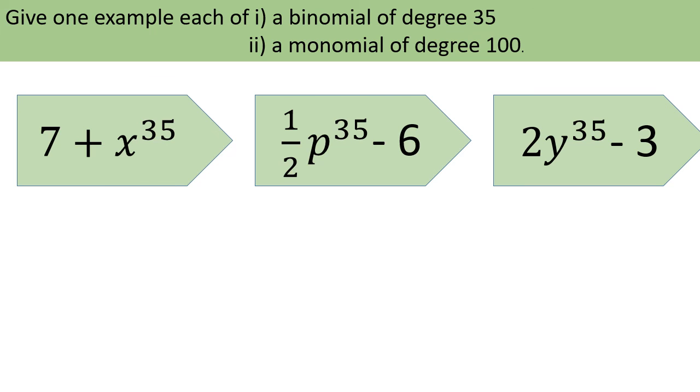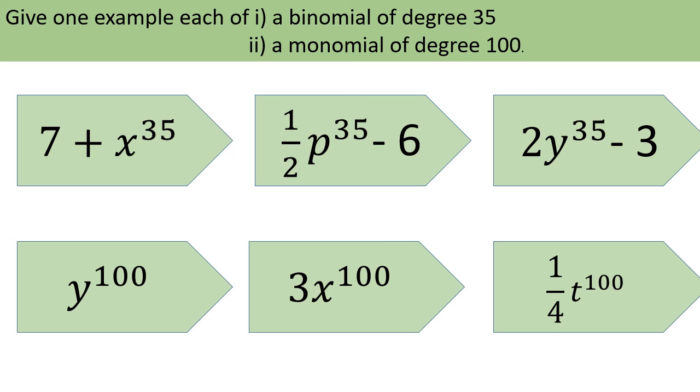It's a binomial where the degree should be 35. Degree means the highest power of the given expression. The second one here is y to the power of 100, 3x to the power of 100, 1 by 4 t to the power of 100.